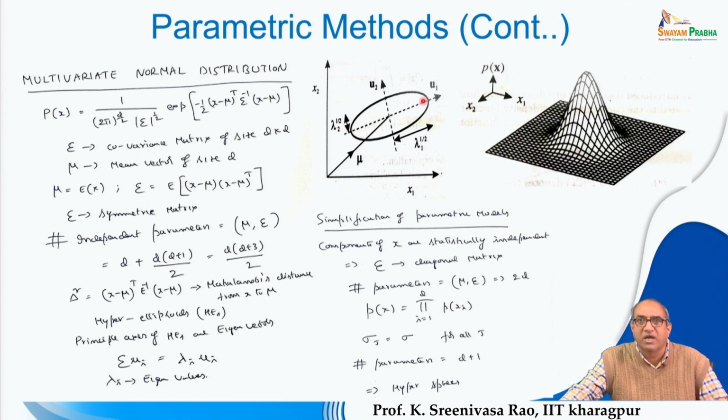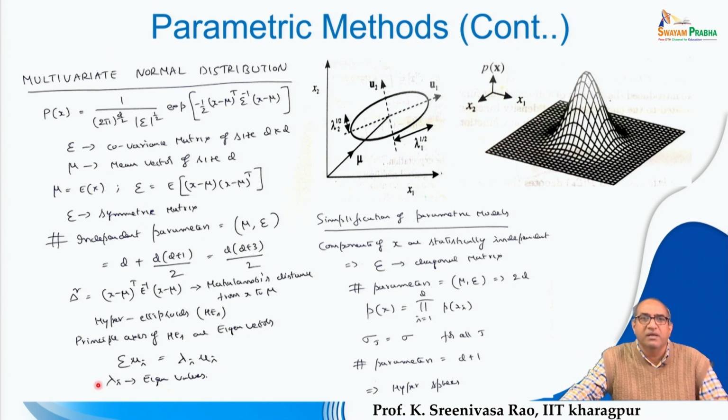Since it is a two-dimensional case, we have two eigenvectors, u1 and u2. These directions indicate the maximum variance in the given data. The amount of variance is indicated by the eigenvalues, the lambdas.